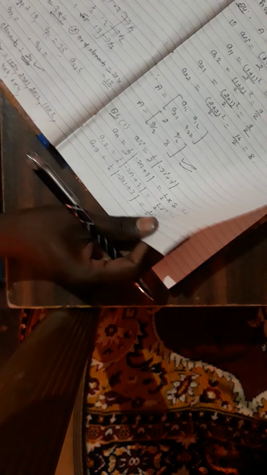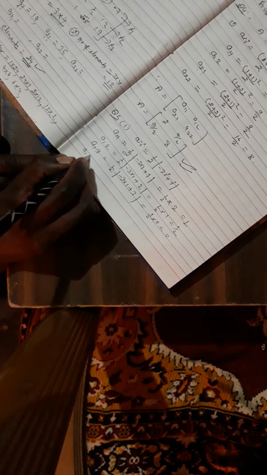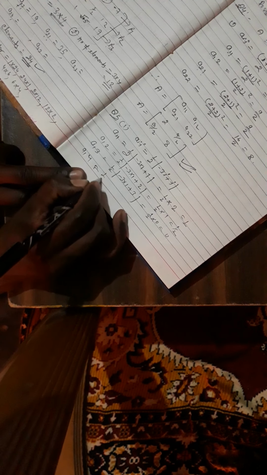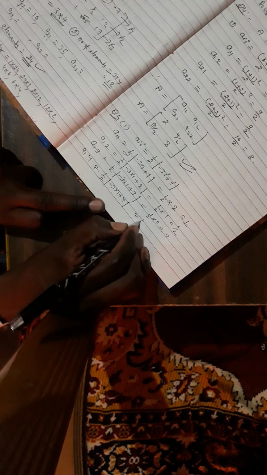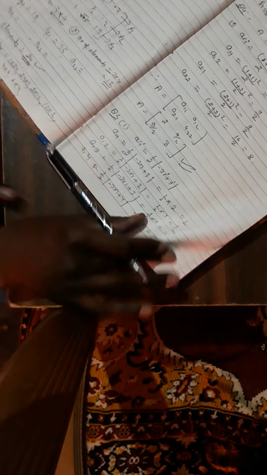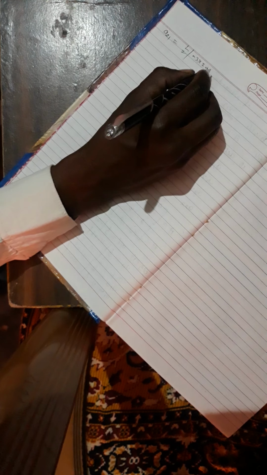Now you will write the a21. Sorry, we have to construct a matrix of order 3 by 4, so you can write here a14 also. a14, then 1 by 2 modulus of minus 3 into 1 plus 4, 1 by 2 into 1 equal to 1 by 2. Now you have to construct a21, then 1 by 2 modulus, in bracket minus 3 and i will be 2 and plus j will be 1.